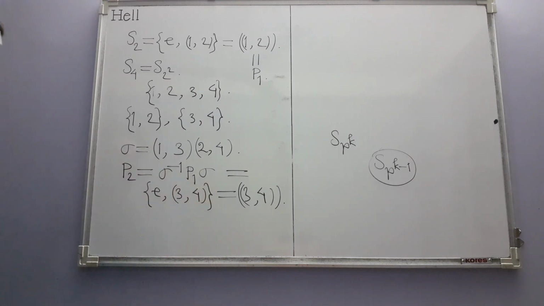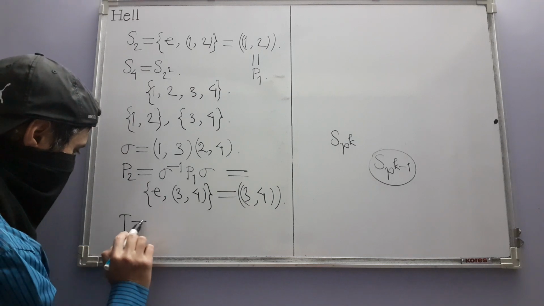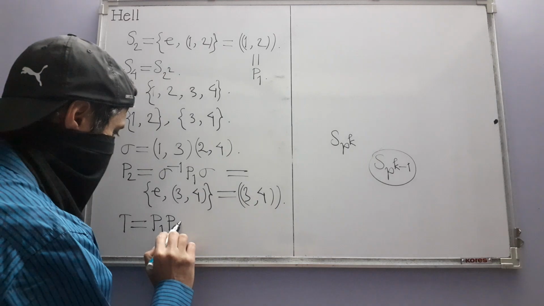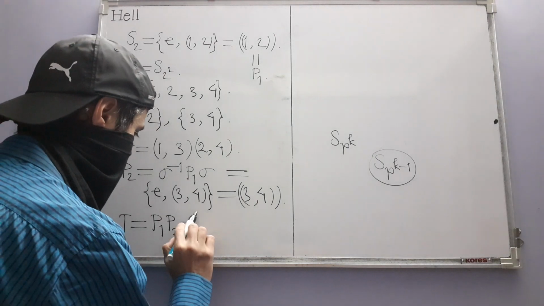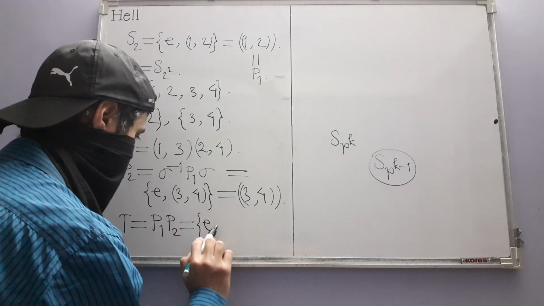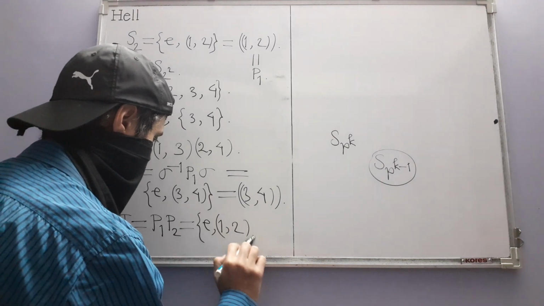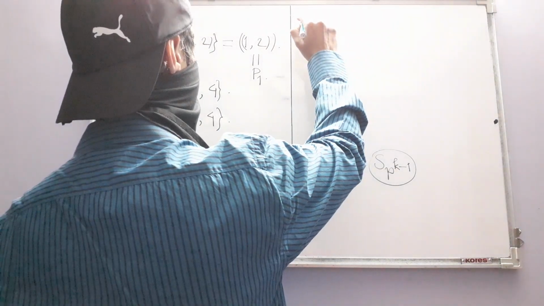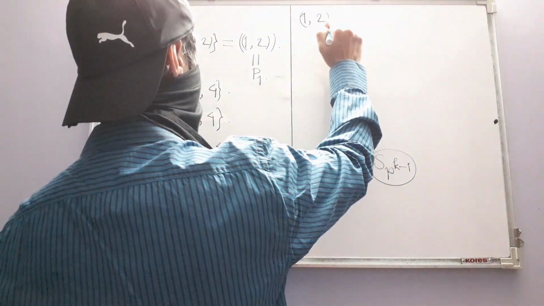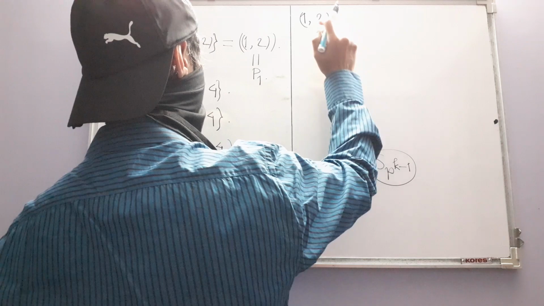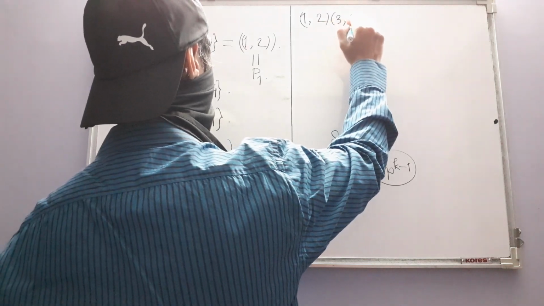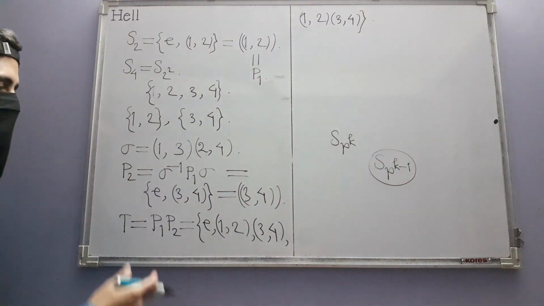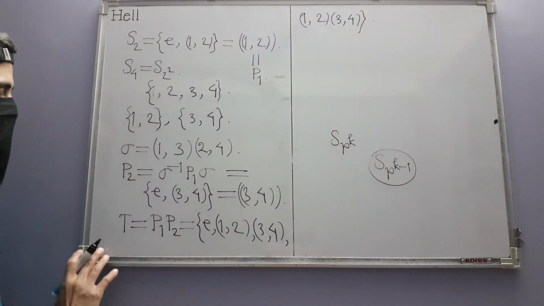And then you have that T, which is P1 P2, and this P1 P2 turns out to have these 4 elements. I urge you to actually do the calculations and see for yourself that yes, these things are like this.